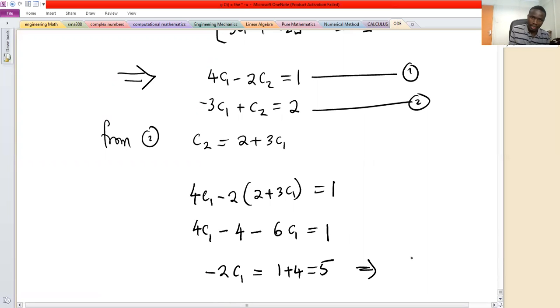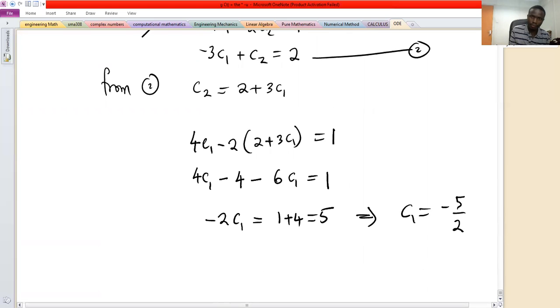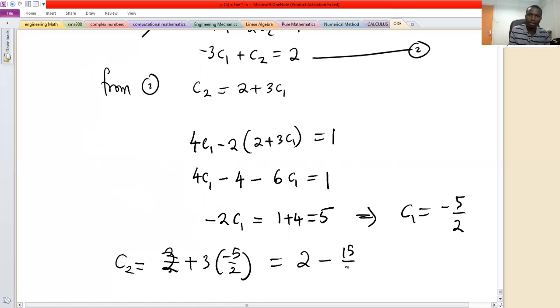So it tells us that C1 will be minus 5 over 2. And so C2 will be 2 plus 3 times minus 5 over 2. It will be 2 minus 15 over 2. And 2 minus 15 over 2 gives me minus 11 over 2.